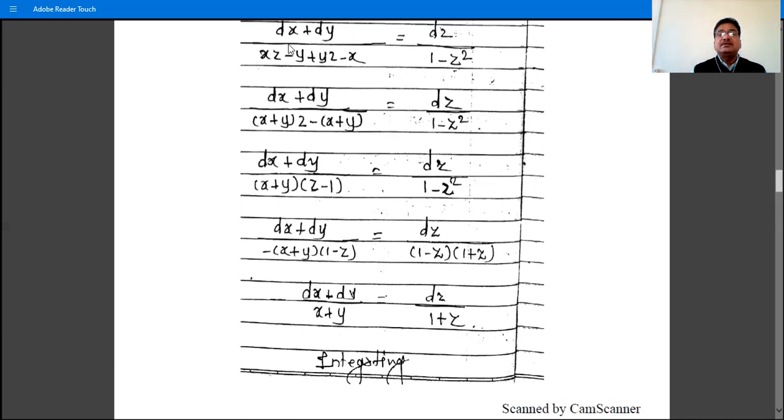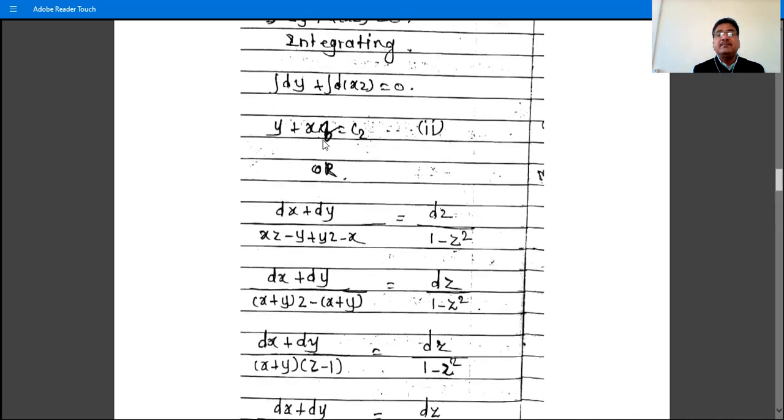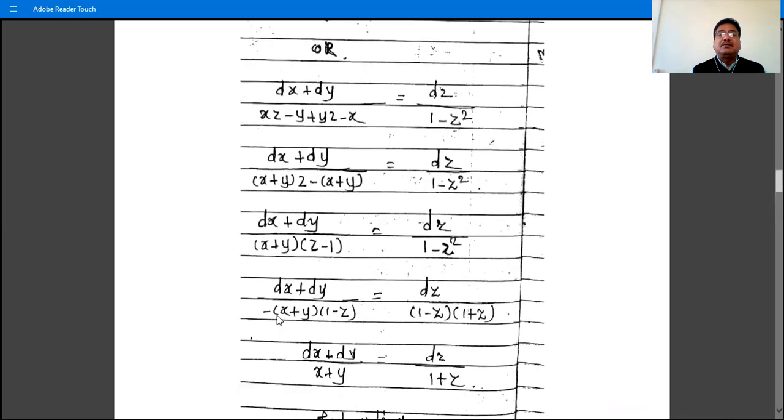So the multipliers are 1, 1 and 0, and in the place of each ratio, dz divided by 1 minus z square. So if the first two methods fail, then apply this third method. Actually, for this example, we have two solutions by using method 2, and so there is no need of this, but for practice purposes, this is the sub method of the second method.